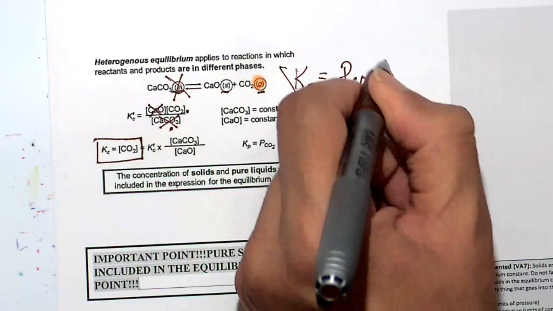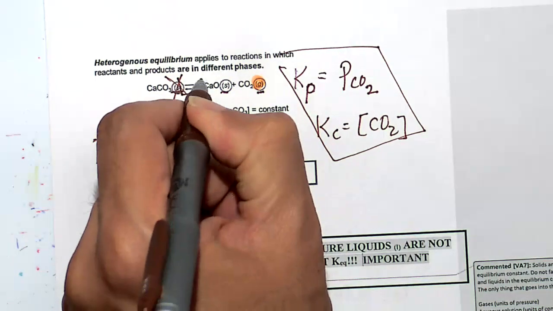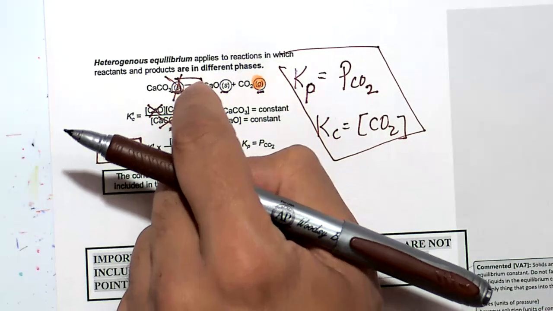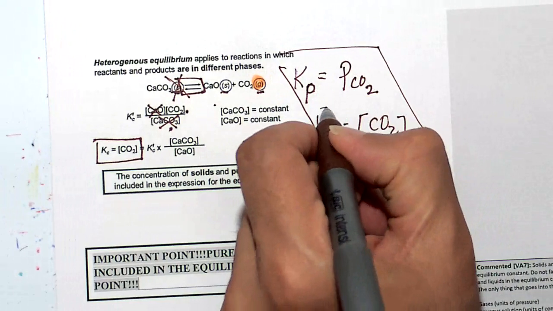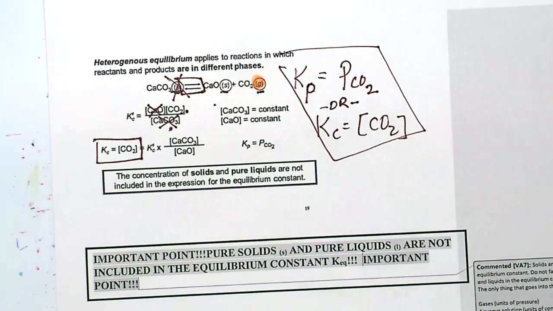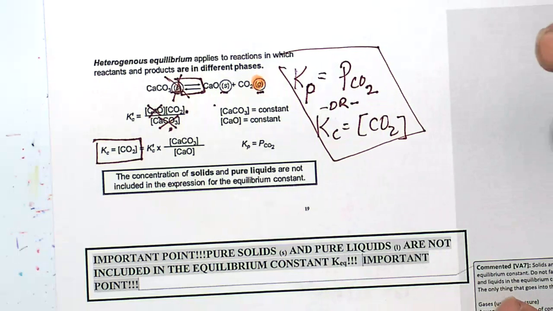So these are the correct answers for this equilibrium constant. Is it at an equilibrium? Yes, it is, because of the back and forth arrows. And then once again, no solids, no liquids in this expression.